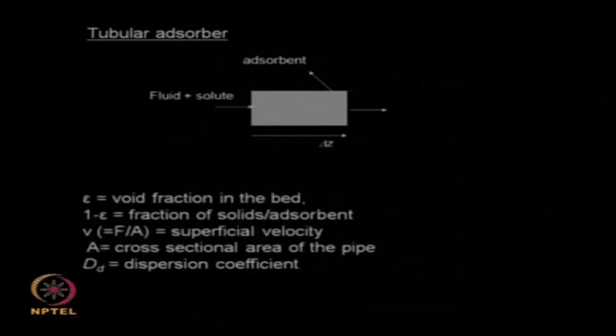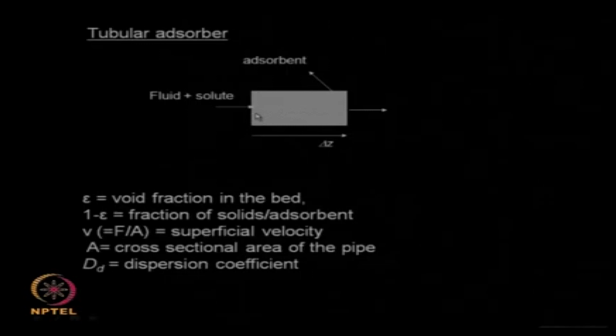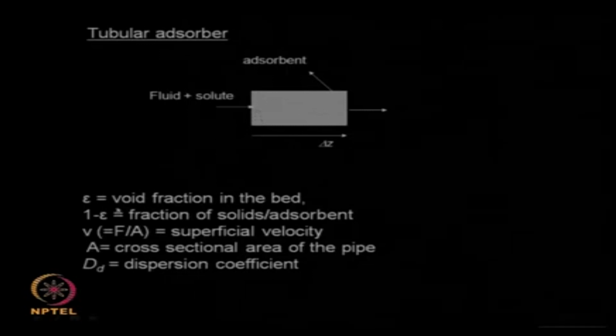Okay. Suppose you take a small section of your tubular adsorber, so you are going to have the fluid entering here, fluid leaving here, and the solute is also entering, solute is also leaving, solute is getting adsorbed in the adsorber by the adsorbent, okay, and this is of cross section A. So the velocity will be equal to flow rate divided by A here, and there is also going to be some voidage, that means void fraction epsilon in the bed.